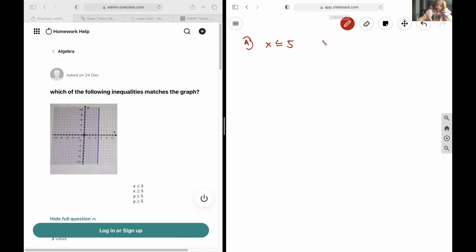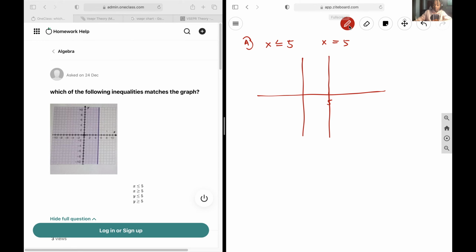So in this case, let's start with x is equal to 5. And so when we plot that, we have something like this. At the point 5, you'll have a line. Okay, so this is the line x is equal to 5. But then the inequality is x is less than or equal to 5.